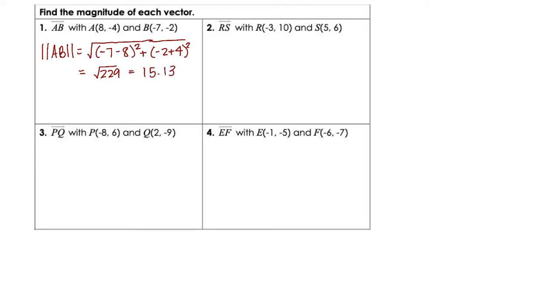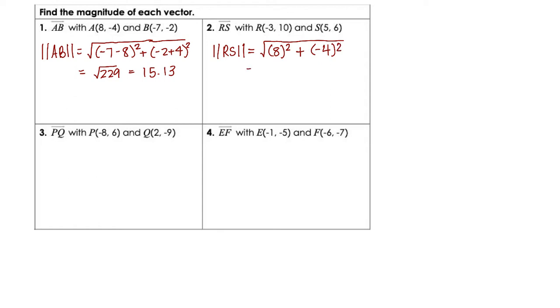And I don't know, did we do number 2? No. All right, so let's go through number 2. The magnitude for RS is going to be the square root of 5 minus -3, so 5 plus 3 or 8 squared, plus 6 minus 10, which is -4 squared.